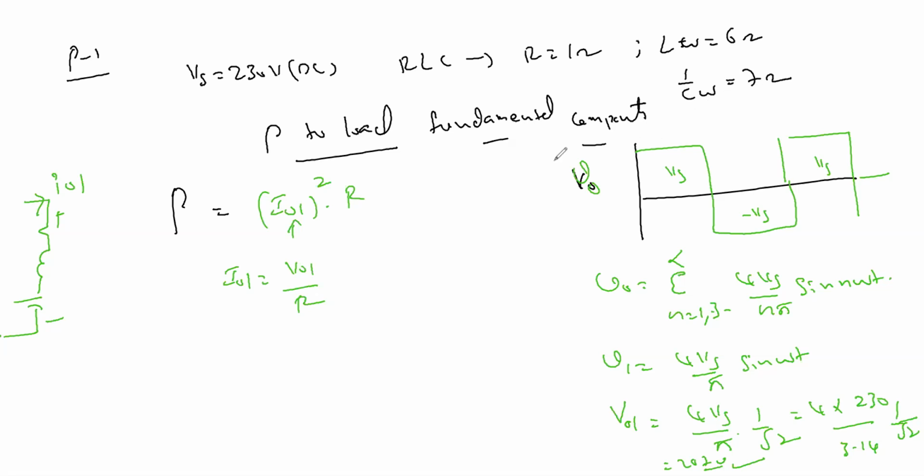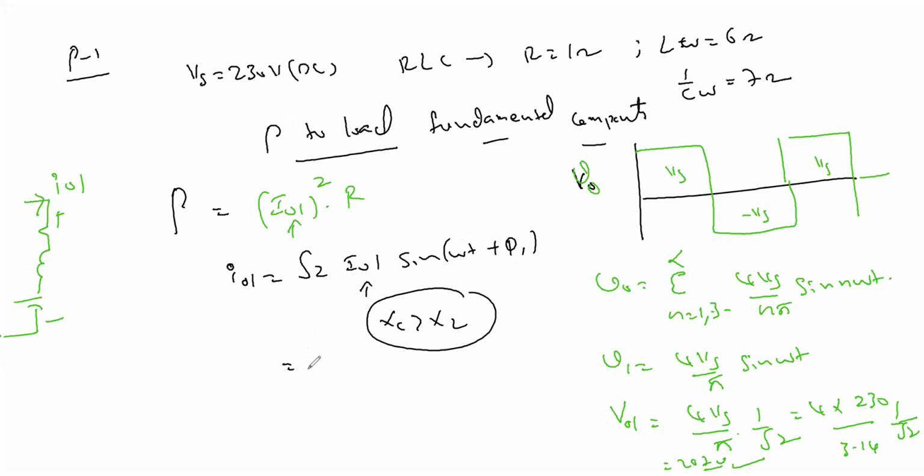So I can say the instantaneous I01 can be written as: capital I01 is the RMS value, into root 2 is the maximum value, sine of omega t plus phi. Definitely this is leading because XC is greater than XL, so it is leading in nature.